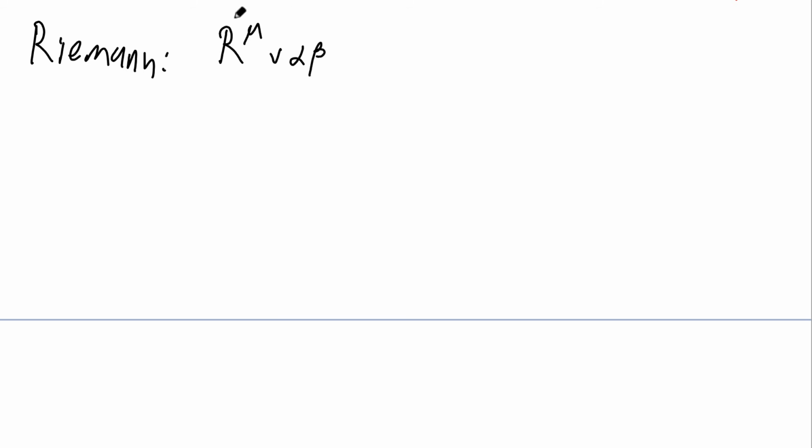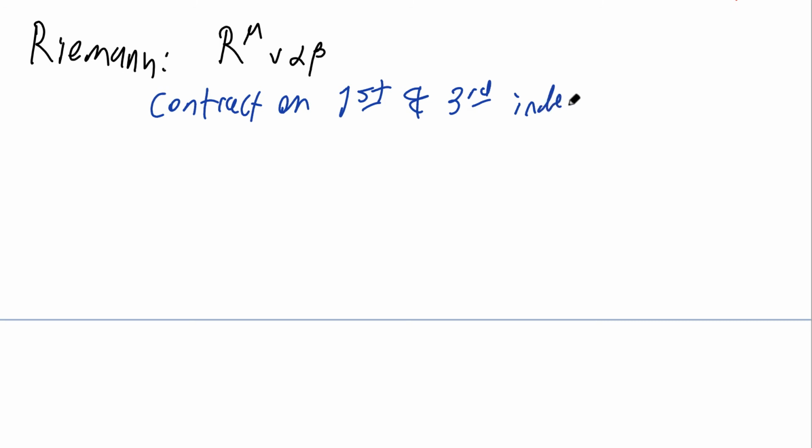Now we can contract on the first and third index to form R mu nu mu beta. And of course you can think of contraction on these indices as multiplying this tensor by the identity delta upper alpha lower mu, and that wires together the first and third index.